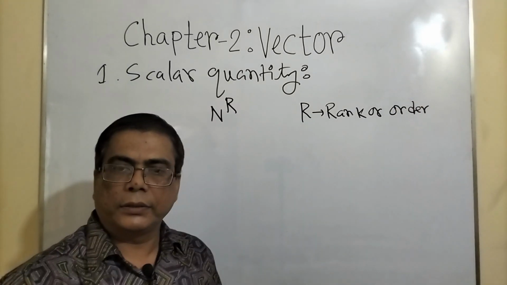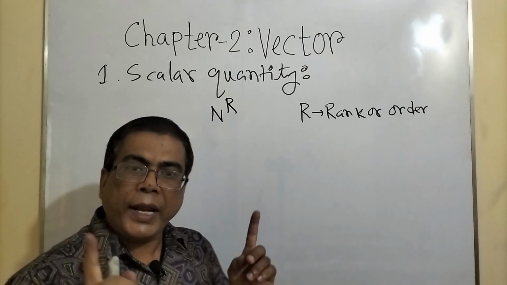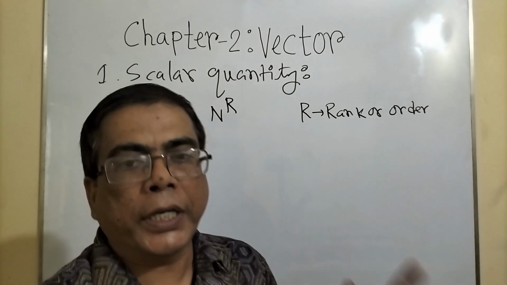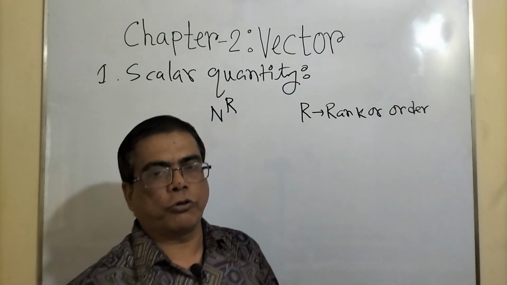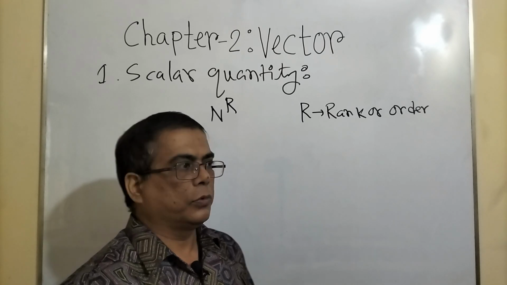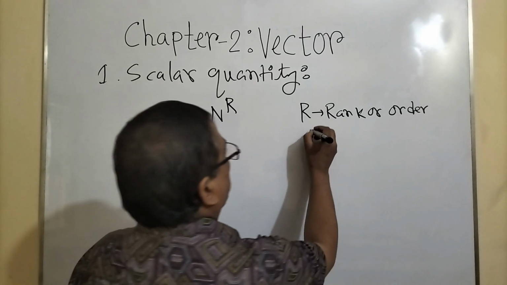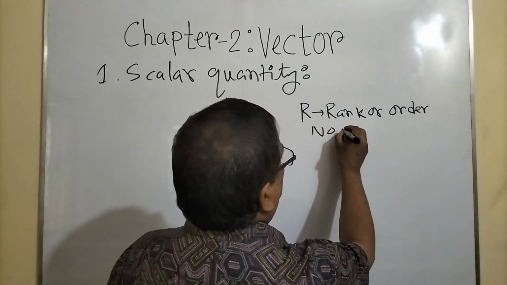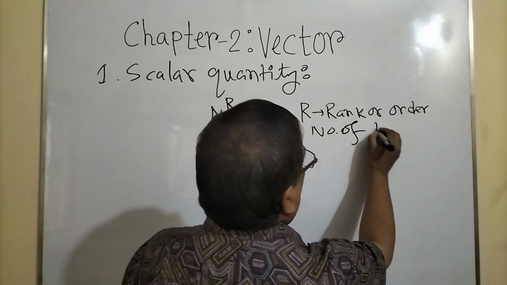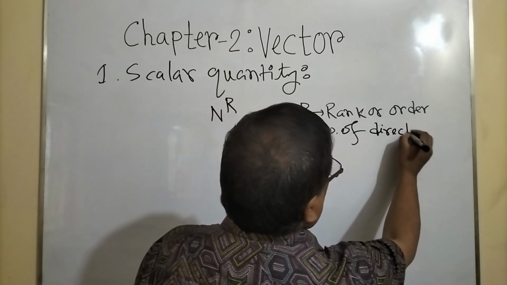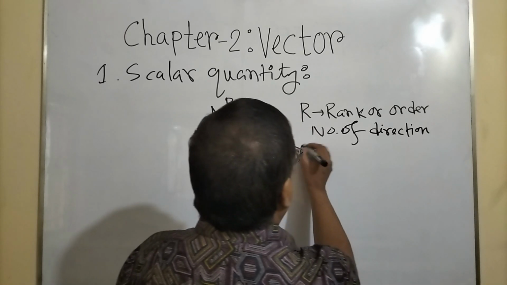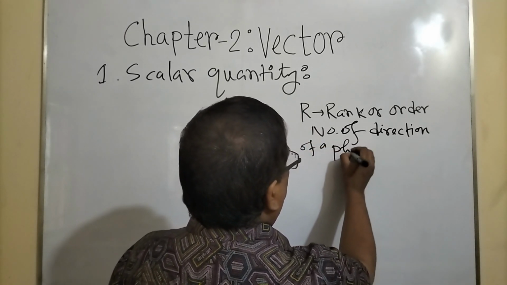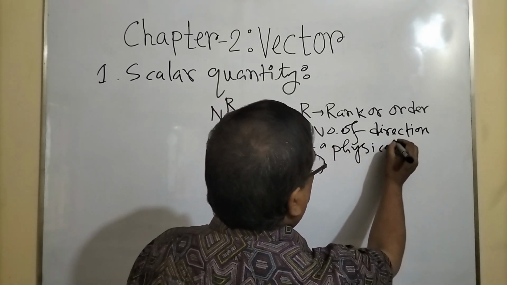What is rank? The rank is the number of direction of a physical quantity.